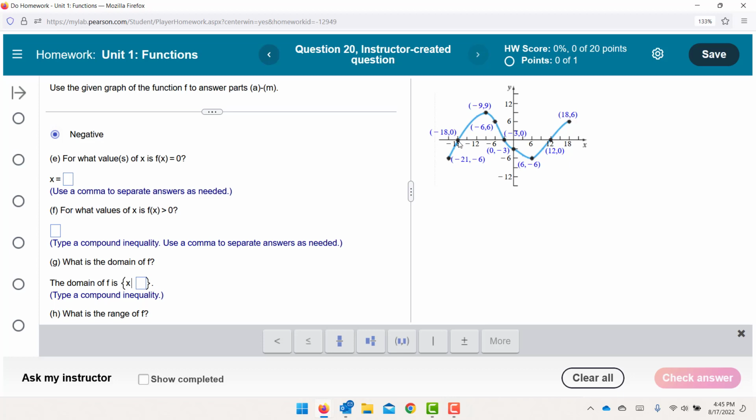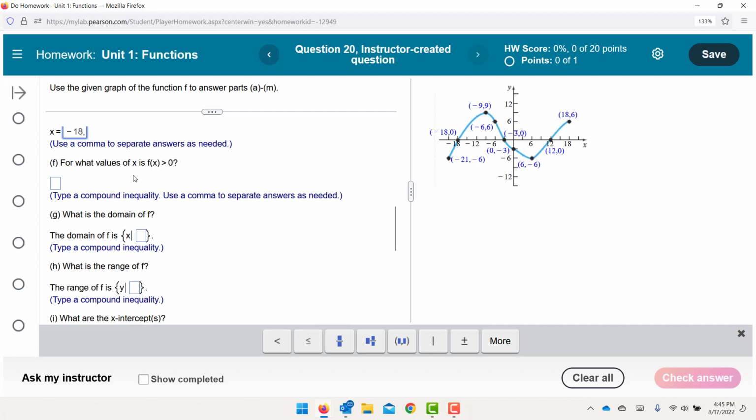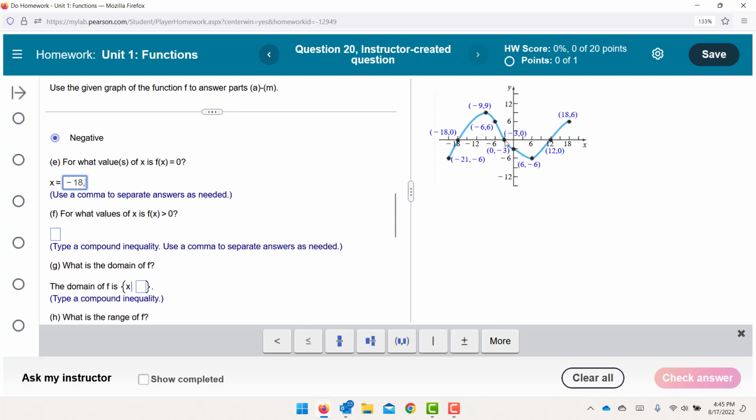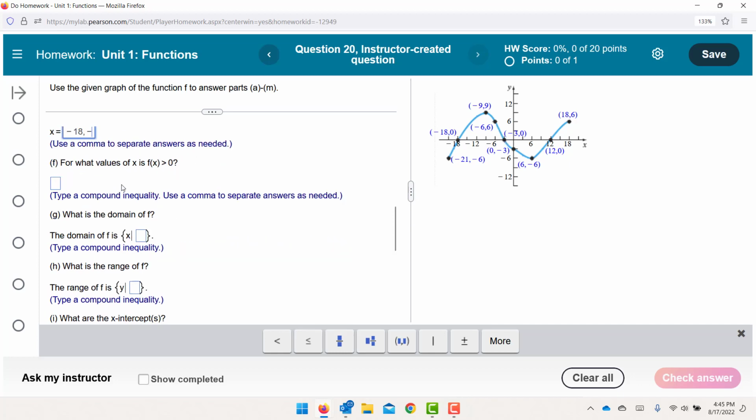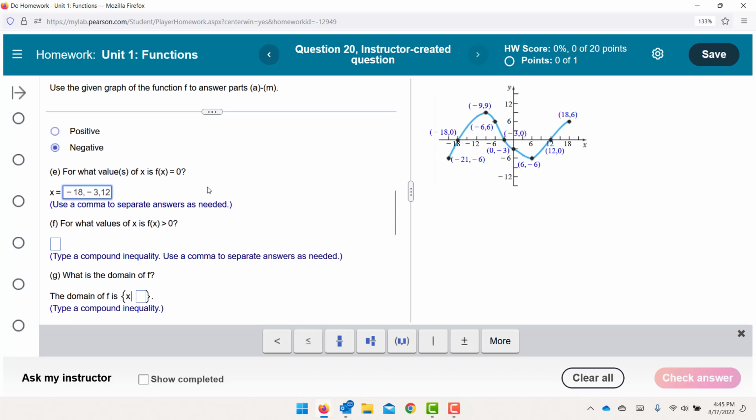And it's just asking for the x values with a comma in between. So those x values are -18, then -3, if I'm going left to right, and +12. Those are the x's where y is 0.